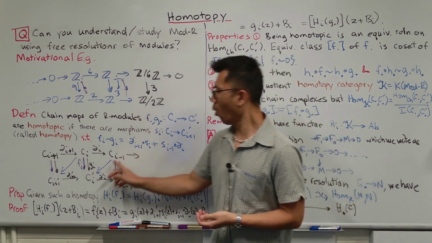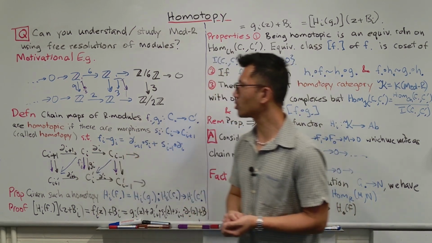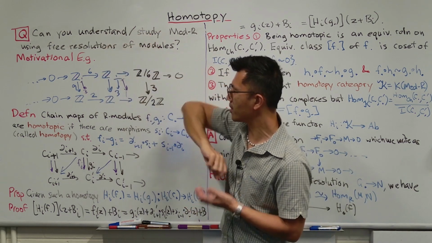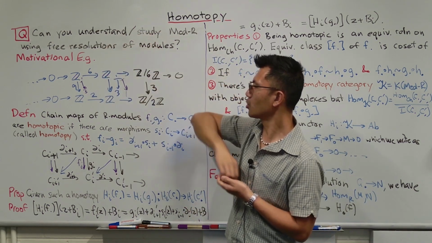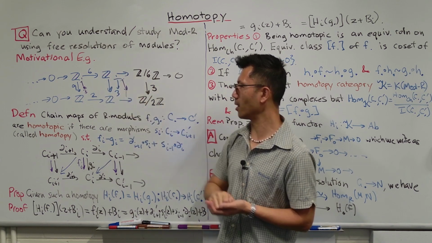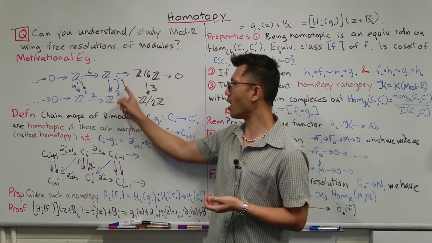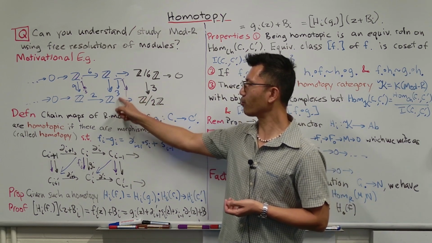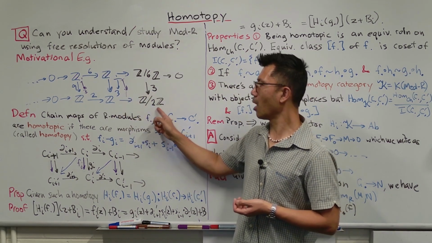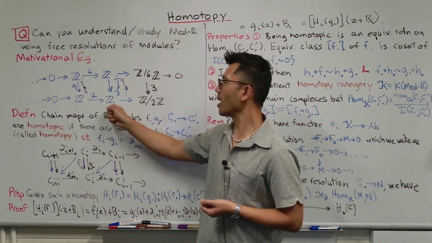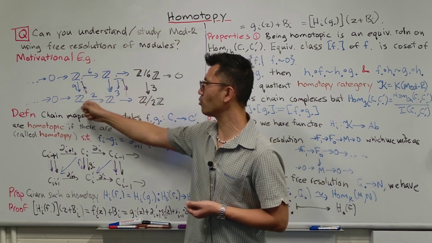And why is this called a homotopy? So let's just see why we have this definition here. What's the difference between sending 1 to 3 or 1 to 1 here? Why could I have done either of these two things? That's because when you look inside here, 3 and 1 are the same. And why are they the same? Since this is exact, it means they differ by a boundary.